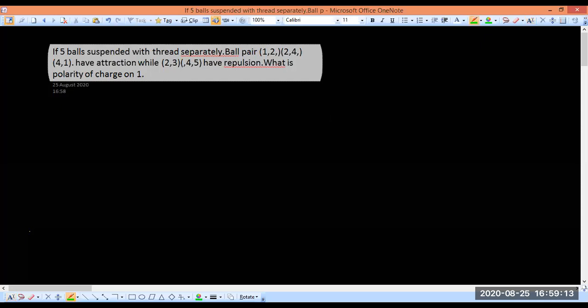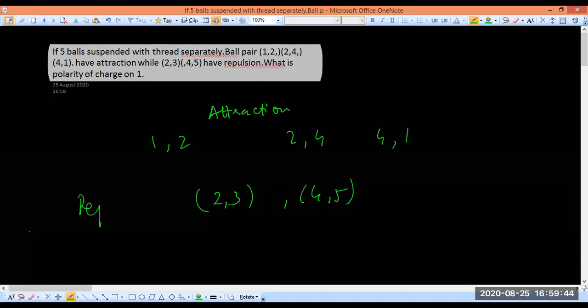So there are 5 different balls, let's call them 1, 2, 3, 4, 5. Pairs 1-2, 2-4, and 4-1 have attraction. Between some pairs there is attraction, and between some pairs there is repulsion. Between 1-2, 2-4, and 4-1 there is attraction, and between 2-3 and 4-5 there is repulsion.